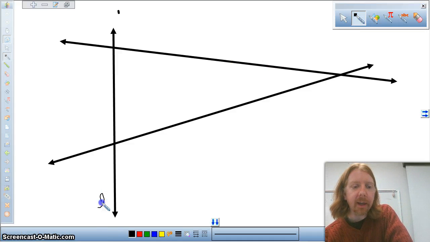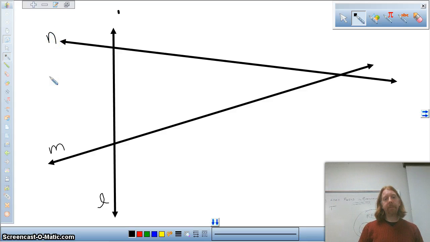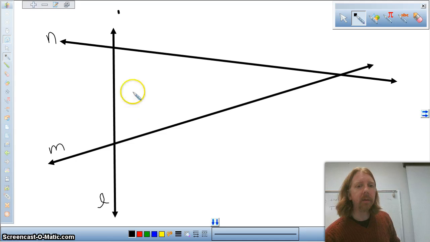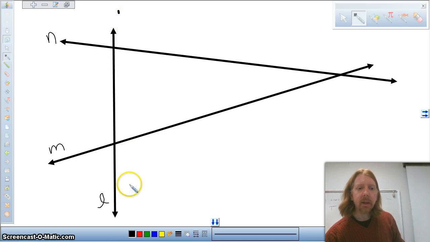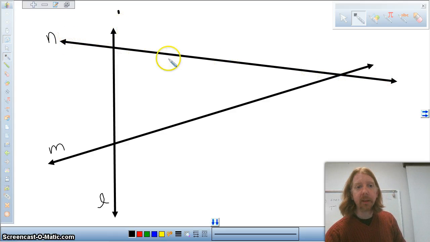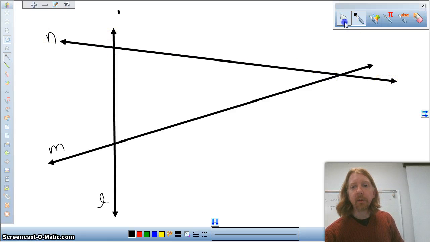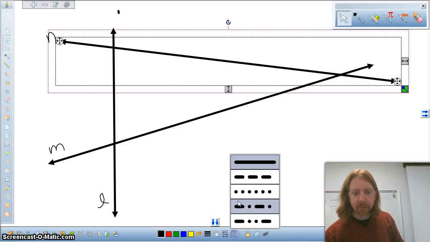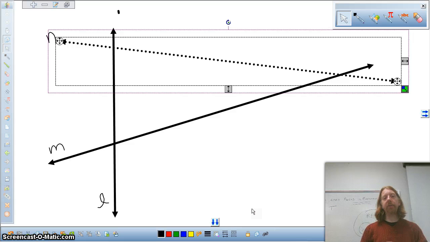I'm going to call this line L, line M, line N. So notice that L goes here, M goes here. N is a transversal to them because it cuts across both of them. Now, likewise, let's see if I can change that up. See, N is the transversal. L and M go up there, N cuts across them.